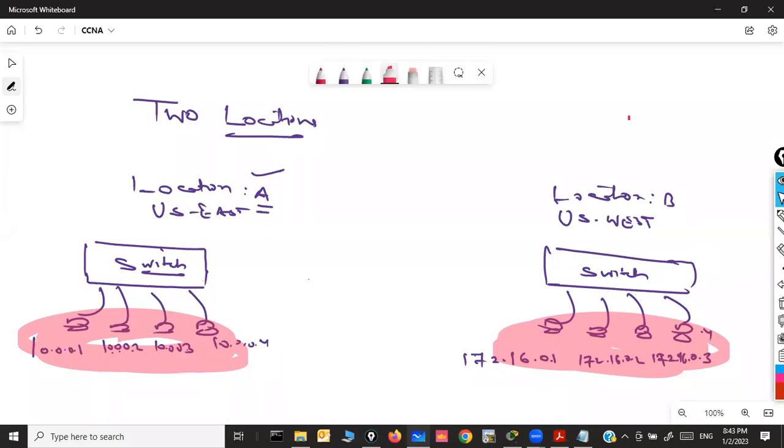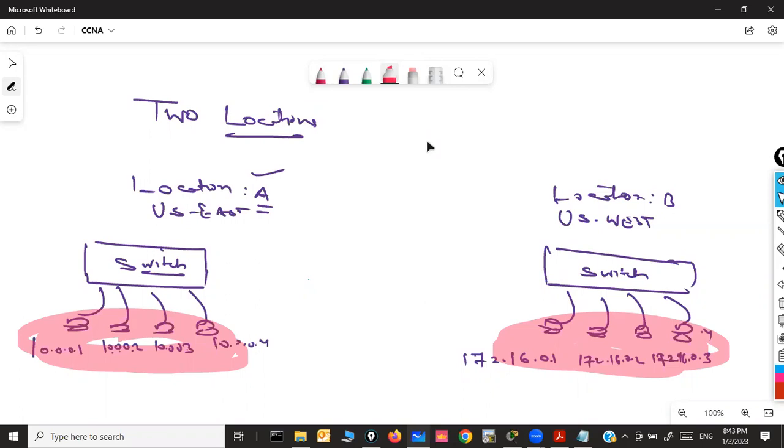Oh, yes, recording started. All right, so there are two completely different networks at two different locations. Now the objective is networking between these two networks, a type of wide area network.